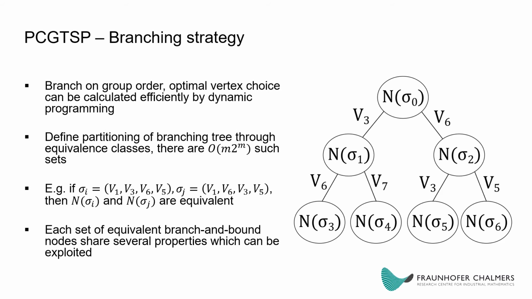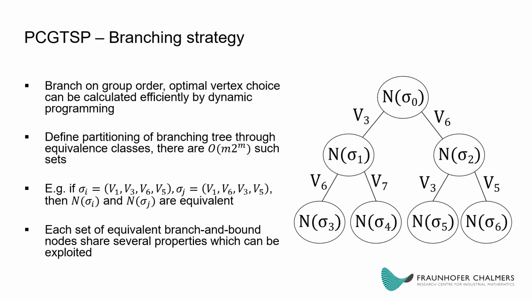More specifically, we say that two tree nodes are equivalent if and only if their group sequences are such that they traverse the same set of groups and start and end on the same group. For example, if sigma i is V1, V3, V6, V5, and sigma j is V1, V6, V3, V5, then the corresponding tree nodes n of sigma i and n of sigma j are equivalent.